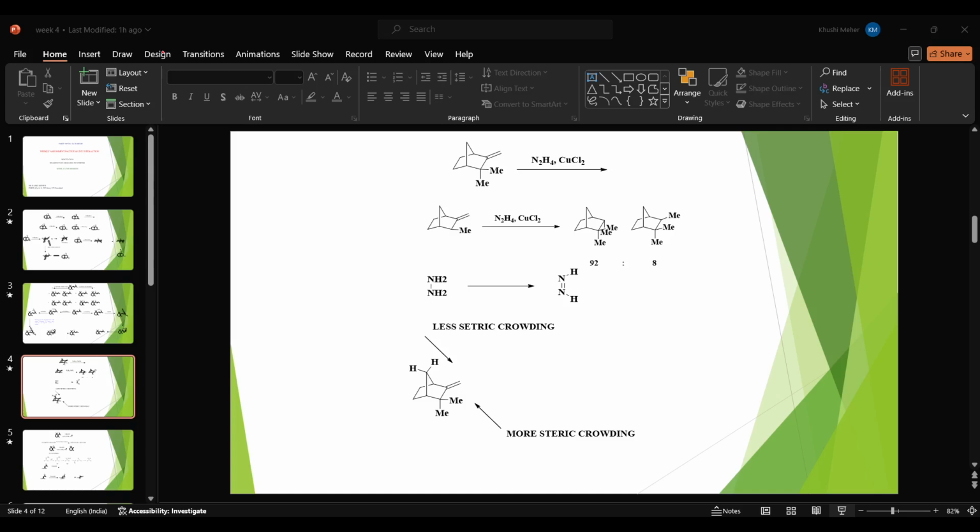In that particular case, what will happen? We have hydrazine, also acetic acid and ethanol. I have given some options this time, but the option is not important. What will happen?